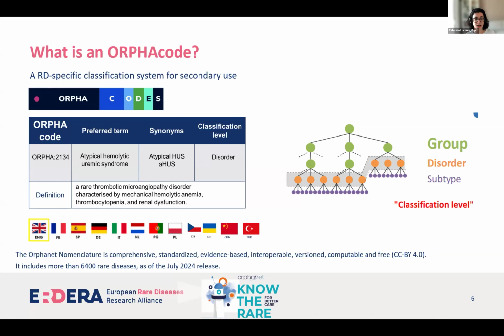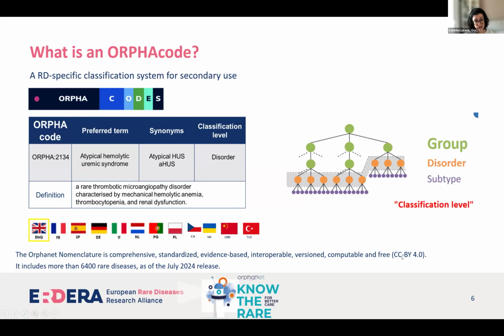So what we say is that the Orphanet nomenclature is comprehensive, standardized, evidence-based, and interoperable, and this is because we align with other medical terminologies. We have an alignment manager that aligns to ICD-10, ICD-11, SNOMED CT, MeSH, MedDRA, GARD, and OMIM. It is versioned, so we release once per year.